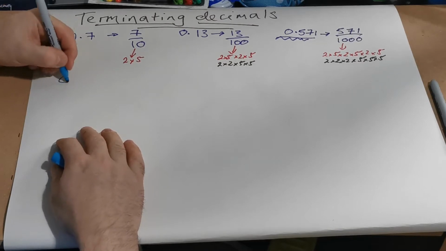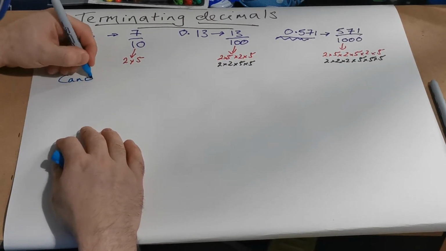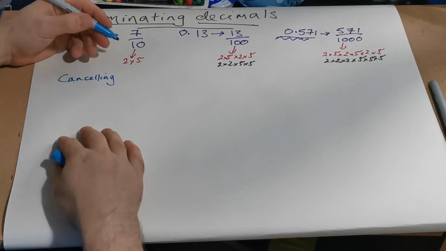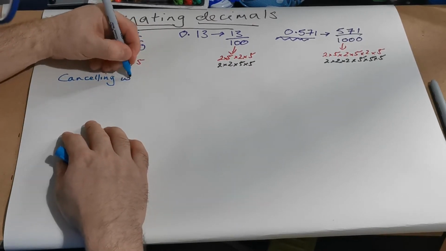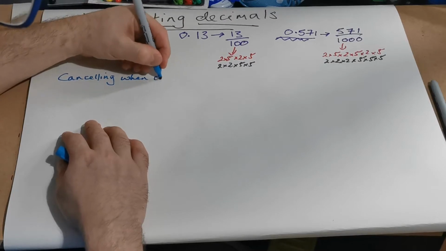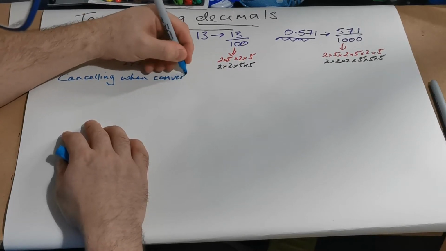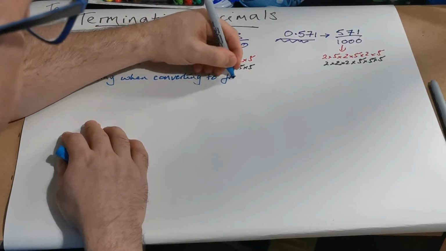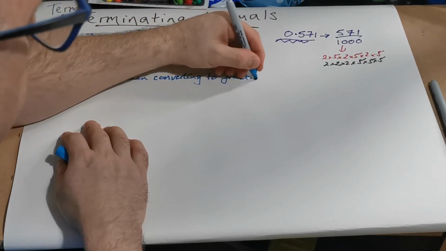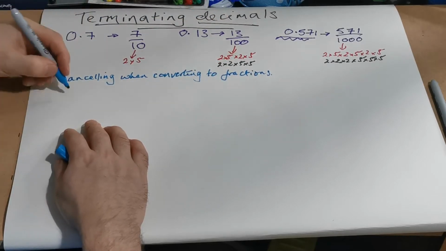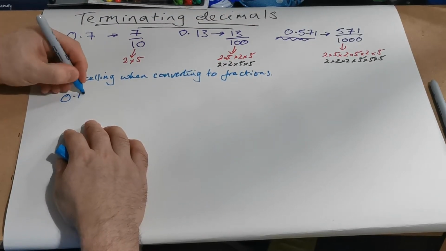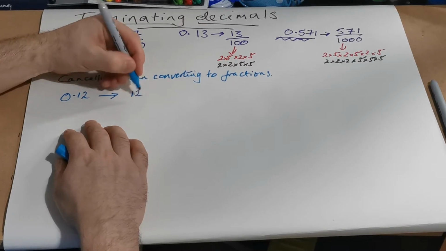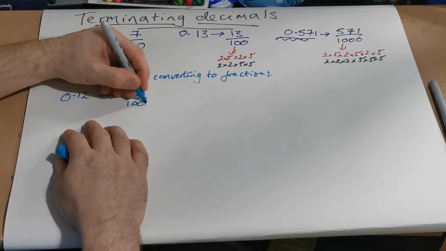So if we thought about cancelling when converting to fractions, if I had 0.12, I could say that is 12 over 100. Fair enough.